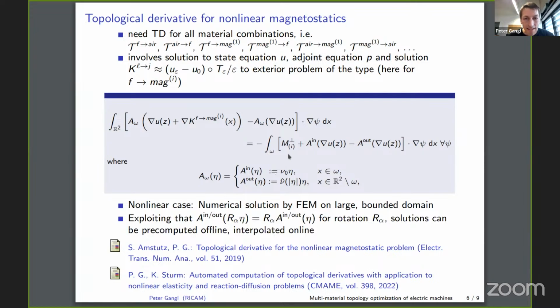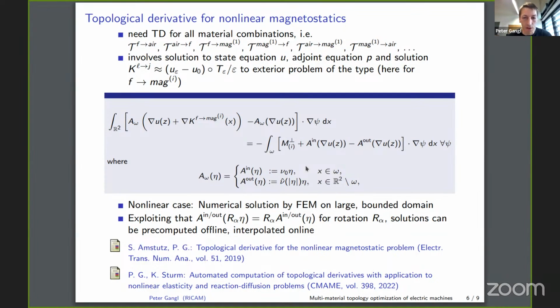Okay, and then still we would have to solve this nonlinear problem for every point Z where we want to evaluate the topological derivative. But luckily, in this example for this particular nonlinearity, we can use some pre-computation. We just pre-compute this problem for two parameters in 2 dimensions.